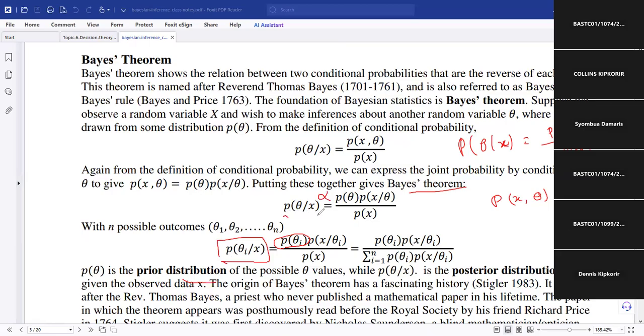We'll be saying that the posterior distribution is directly proportional to the prior distribution multiplied by the probability of x given theta, that is, the probability of the data given the theta value.